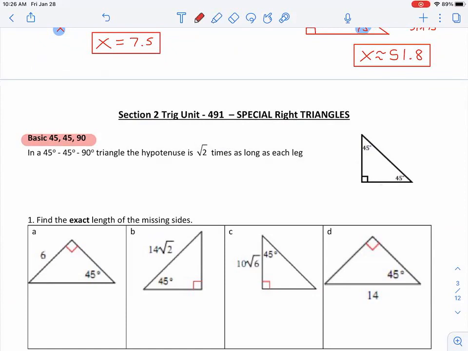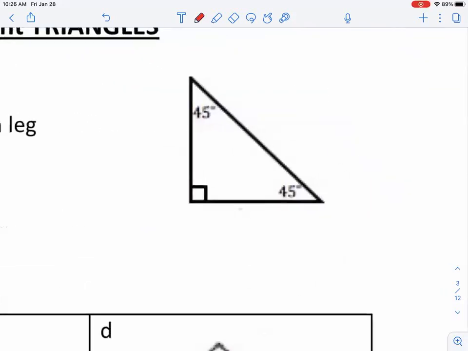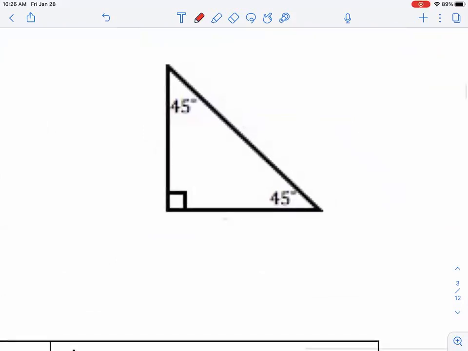And if you have a 45, 45, 90 triangle, there's a shortcut that you could use to find the side lengths. And the shortcut is that if you have one of the legs, let's call it x, we know it's isosceles, so the other leg has to be x also.